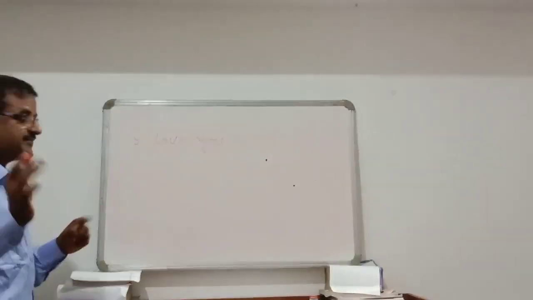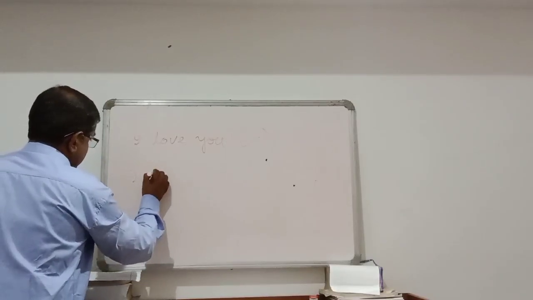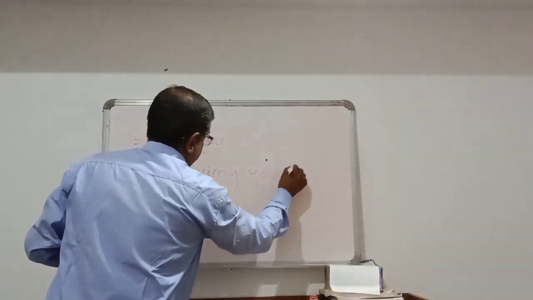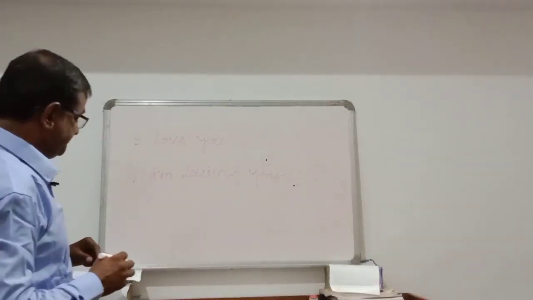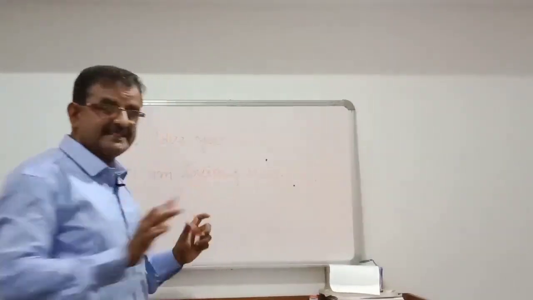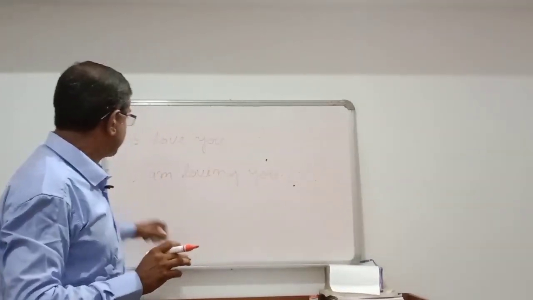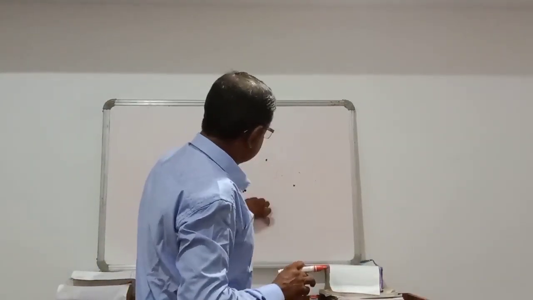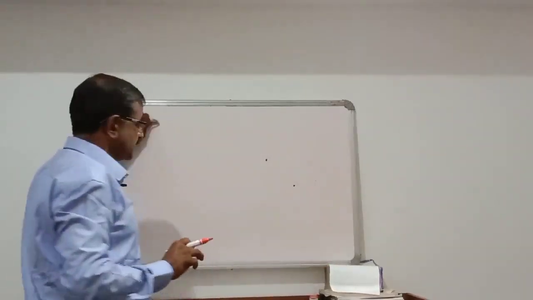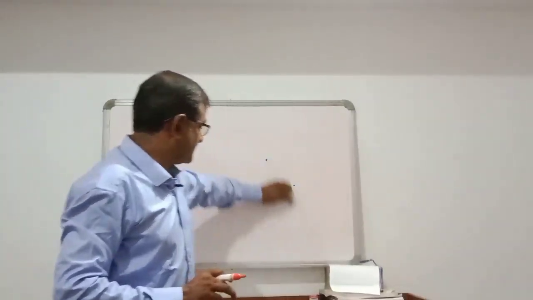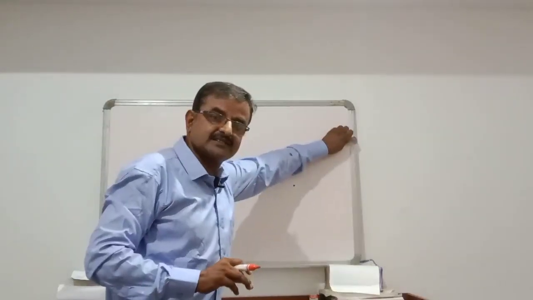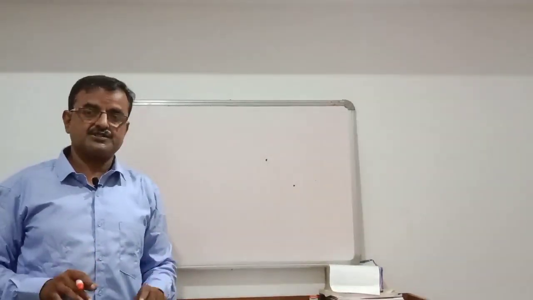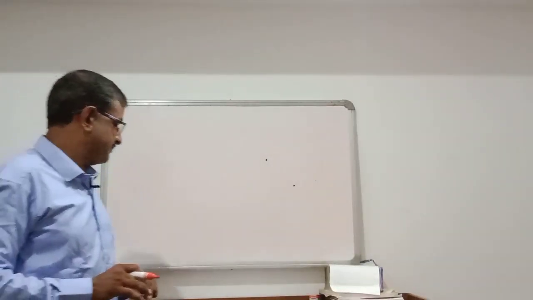He loves me, and she loves me, etc. But if you write it like I am loving you, it is wrong. So there are many examples. Due to lack of time, I am not able to write such types of examples. But you remember only that there are some verbs which do not take continuous forms. That means the non-continuous verbs. Those verbs are non-continuous verbs, and such types of non-continuous verbs are called verbs of perception or non-conclusive verbs.